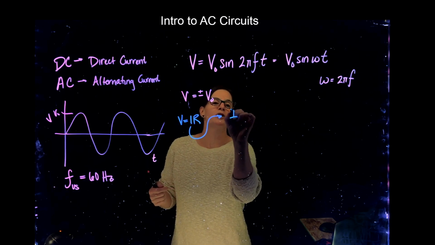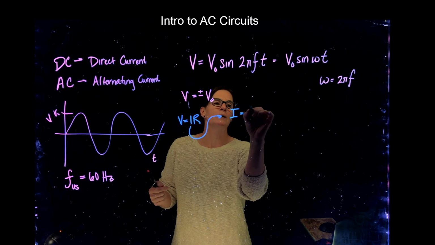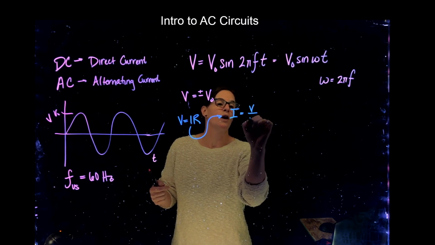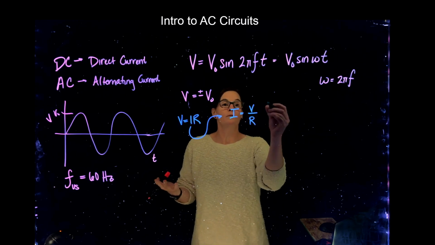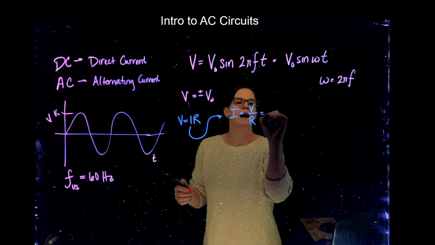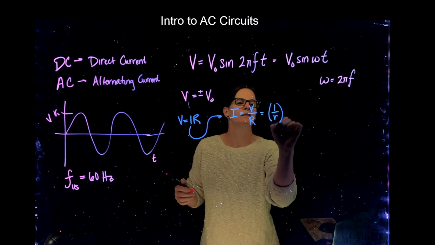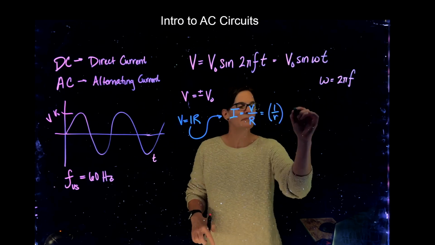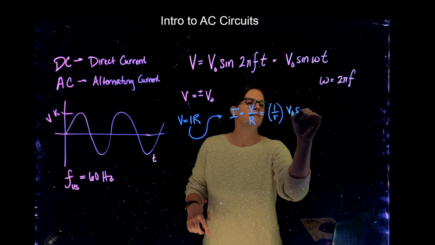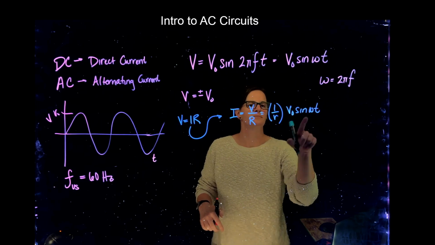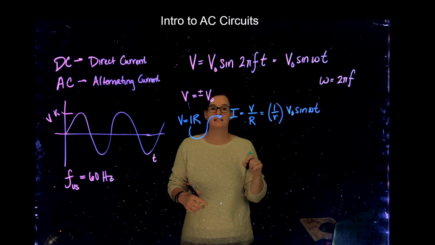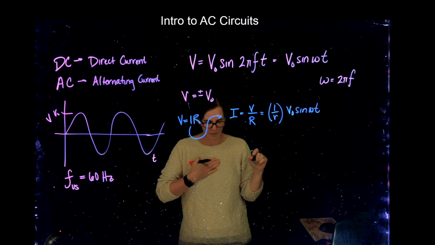So remember, the current is equal to V over R. So if the voltage is oscillating, I'm just going to pull this out, 1 over R, and V naught sine omega t. So 1 over R, V naught sine omega t.